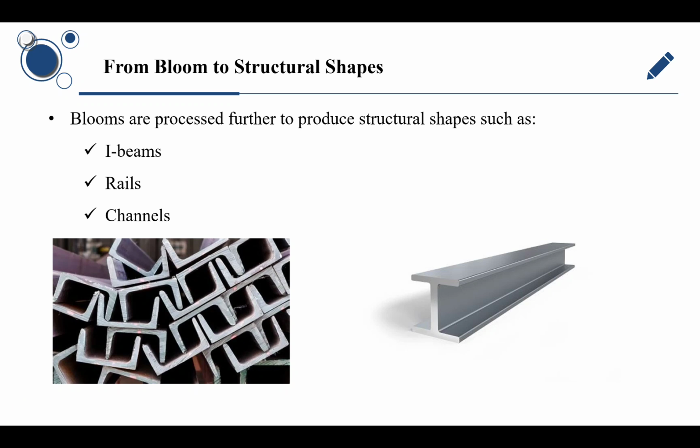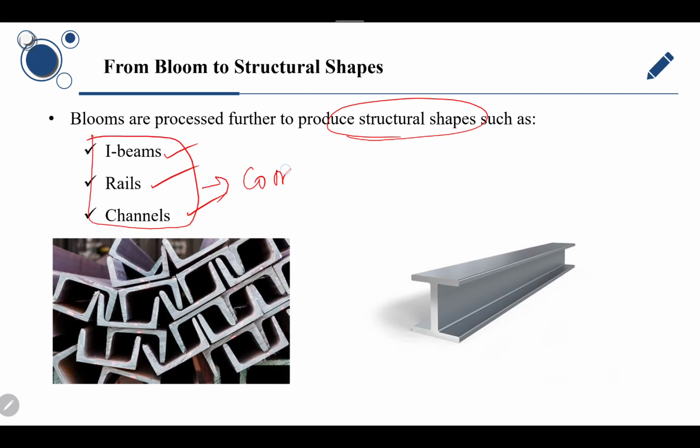They are further processed to produce various structural shapes such as I-beams, rails, channels. These are critical components in construction, bridges, and railways, all of which require meticulous inspection.